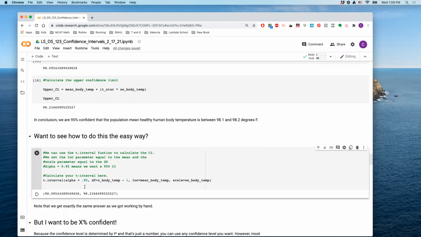But all the same calculations that you need to get the confidence interval this way, by hand, plugging everything in, is the same stuff that you need to use the T-interval function. So you need the confidence level, that's different, but you still need the sample size and the mean and the standard error.